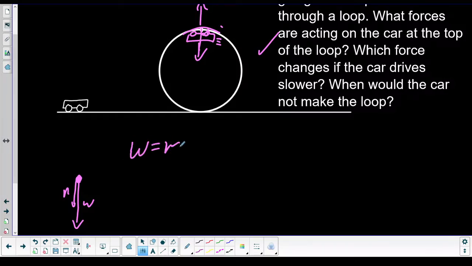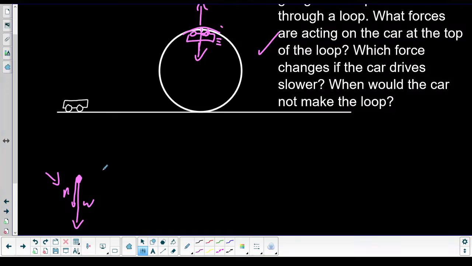Weight equals mass times gravity times velocity? No. It doesn't depend on our speed at all. So if we go slower, our normal force is going to change. So depending on how fast we're going through this loop, that's how hard the seat is going to push on our butts.